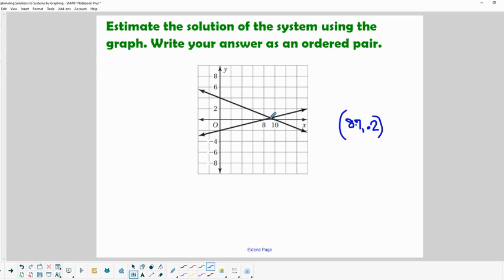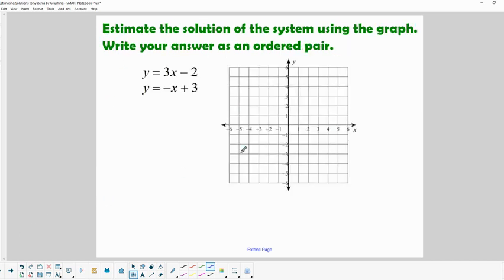Because you guys are smart junior high kids or whatever students are watching this, you have enough number skills to know that that's up a little ways. 0.2 might even be a little high for that. It might be more like 0.15, but if we're within reason, that is a good estimate because that's what we're doing, estimating.